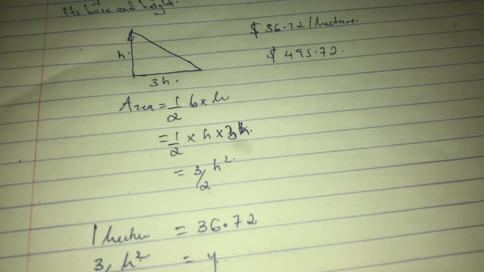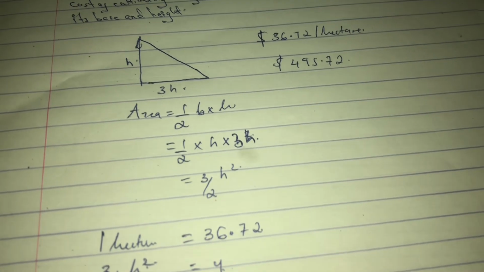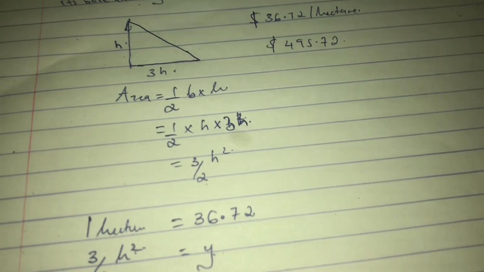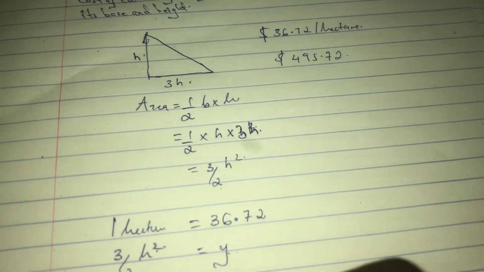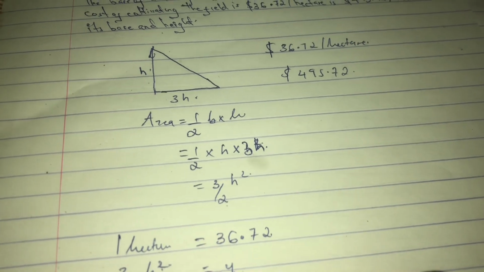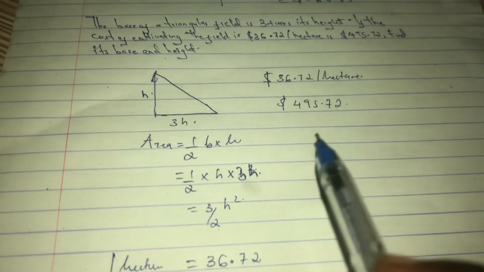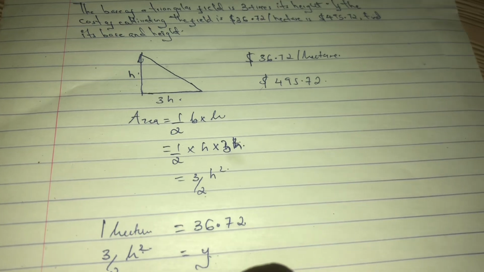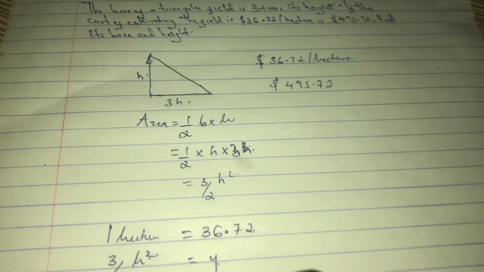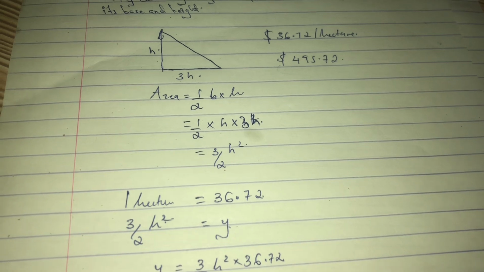So when you get 3/2 times 36.72, our answer is actually 55.08. So y is 55.08 h squared. But remember, I have this value of y because they told us that the cost of cultivating is actually 495.72.